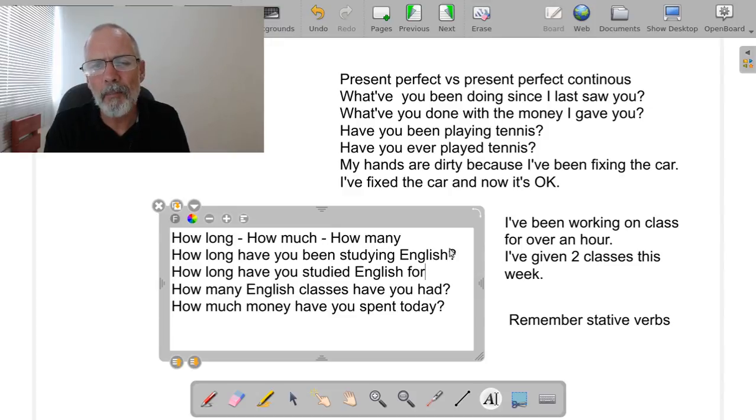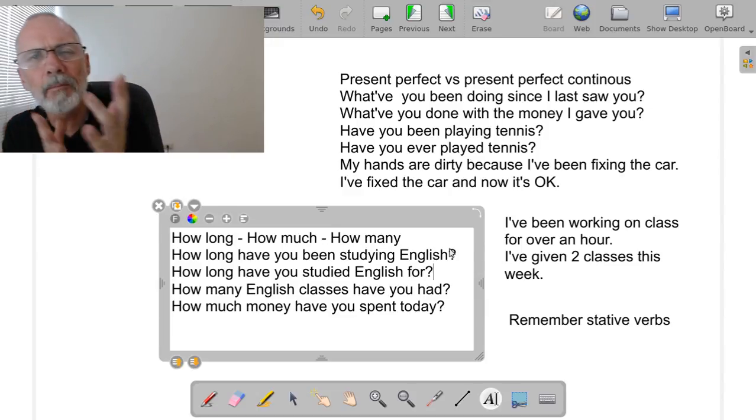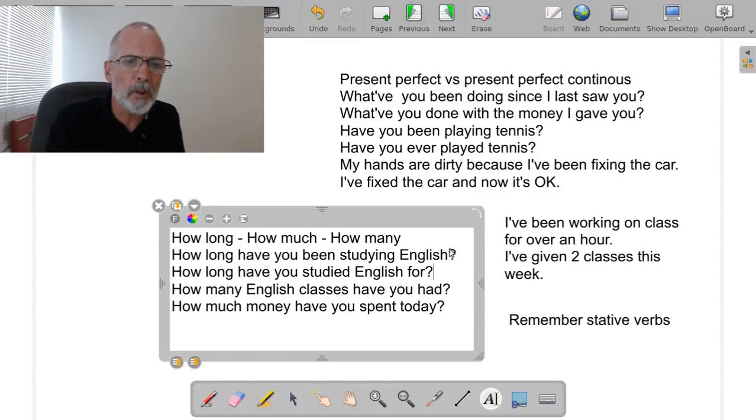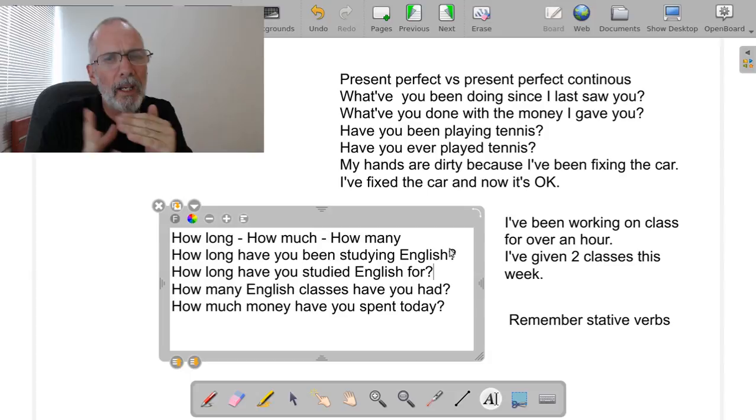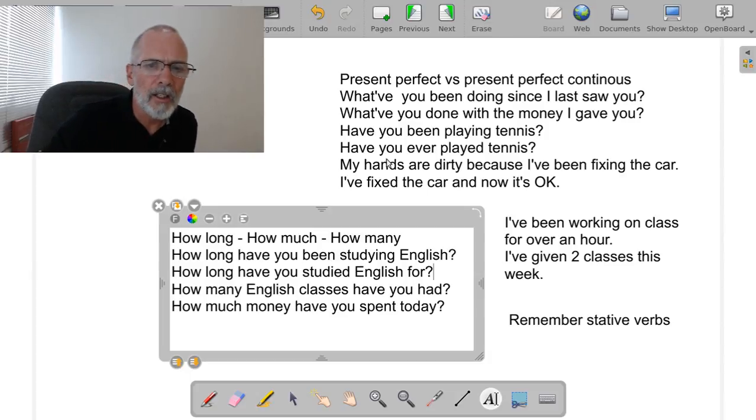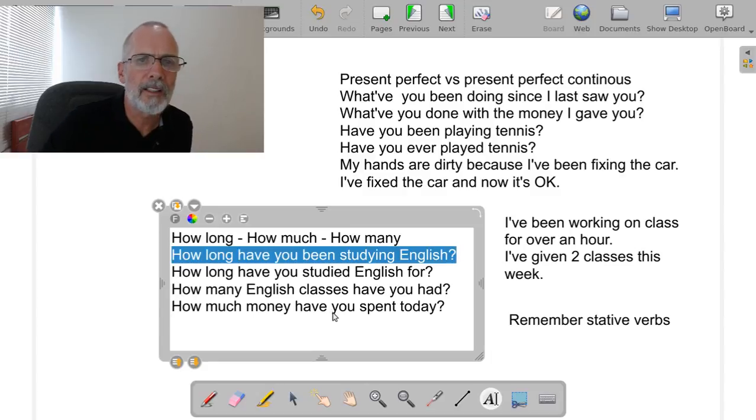It's just about possible to say that. Sometimes there's so little difference between these two. You could use either, but I think when you have that situation, it's much better to use this one. It doesn't sound quite right. So, how long have you studied English for?